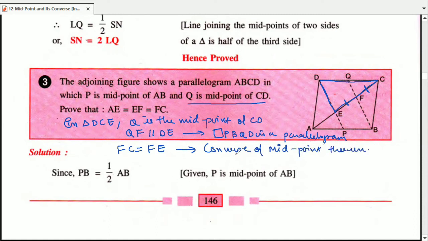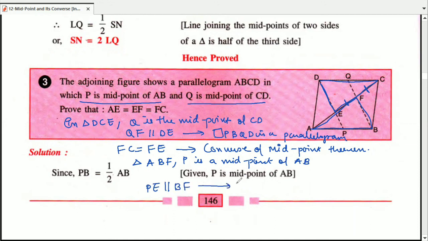Now similarly we can go for this triangle ABF. Already given that P is a midpoint of AB, so we can write P is a midpoint of AB, and also we can write PE is parallel to BF, because we have proven that PBQD is a parallelogram.